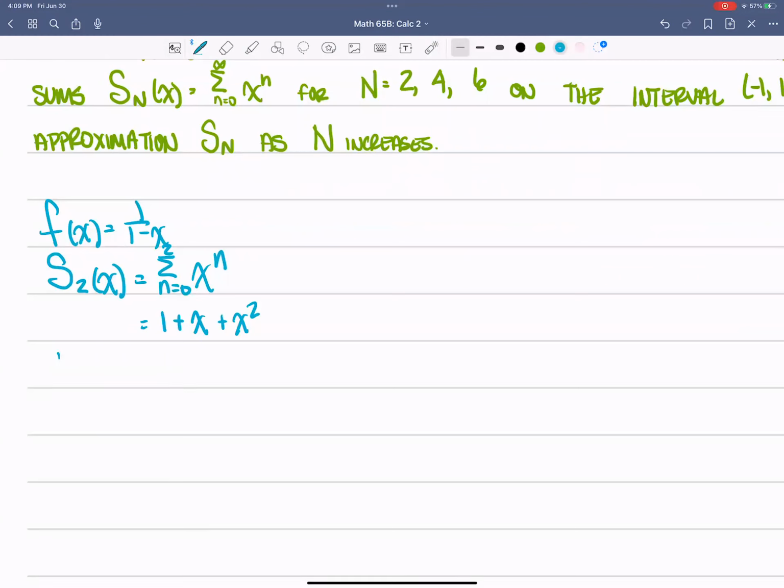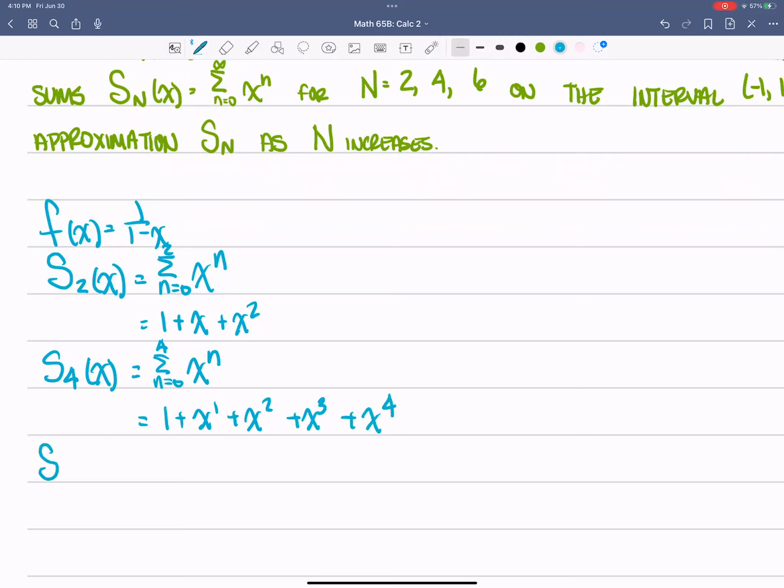Let's look for S4. So we're looking at the sum as n goes from 0 to 4 this time of x to the power n. Starting off at 0, x to the power 0 is 1, plus x to the power 1, plus x to the power 2, plus x to the power 3, plus x to the power 4.